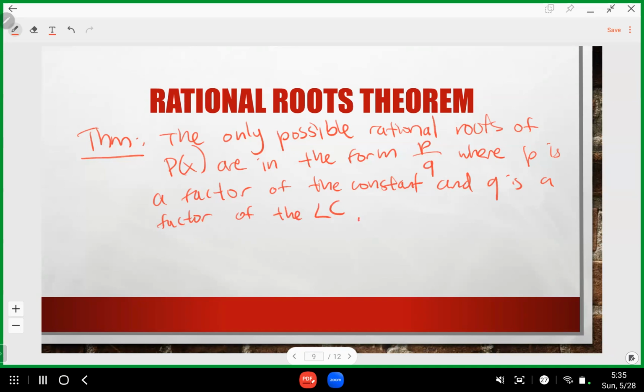That is the rational roots theorem. So I'm going to give everybody a chance to write that down in whatever paper or notebook that you have.